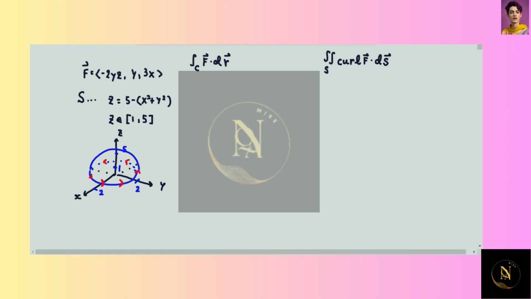And we're going to parameterize C as this. We know that the angle is going to be useful, theta, and then I will say that x is equal to cosine, y is equal to sine. Now z is constant, it's at 1, so z = 1.